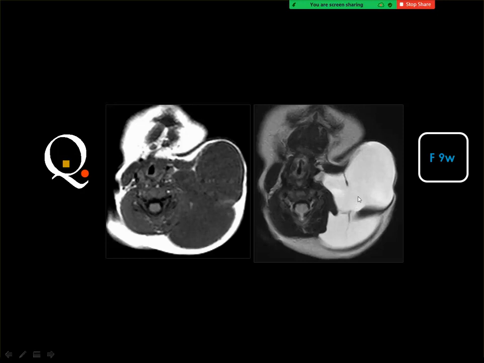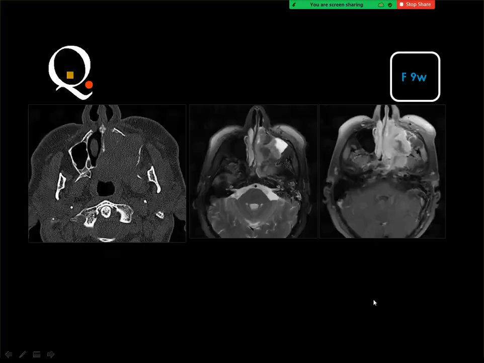And you remember I have said that there are three cystic lesions in the neck. One in the midline, which is thyroglossal duct cyst. Two on the lateral aspect. The smaller one is the branchial cleft cyst, second arch, and the bigger one is the cystic hygroma or lymphangioma.